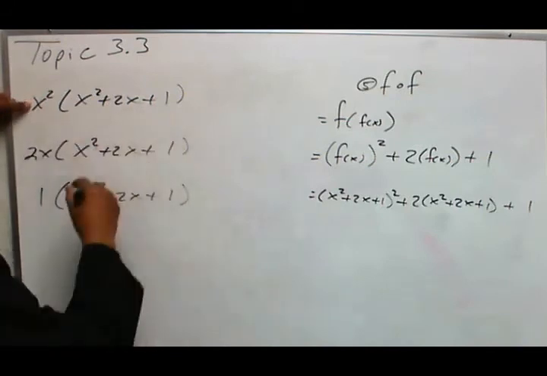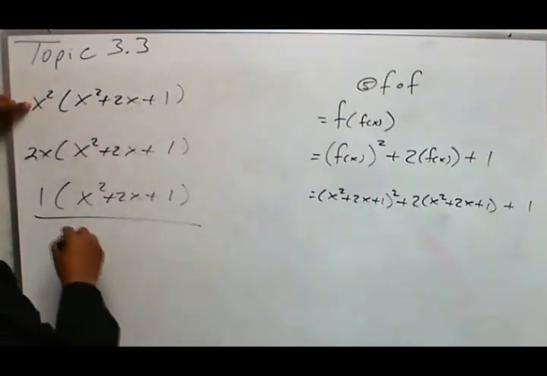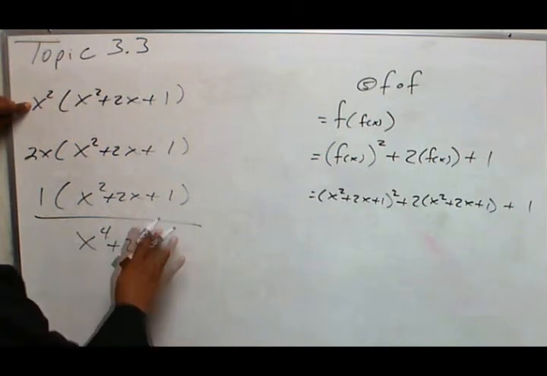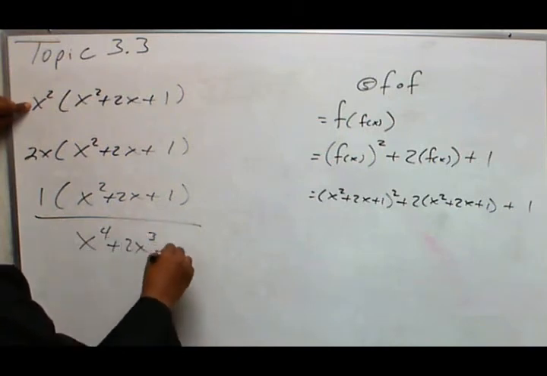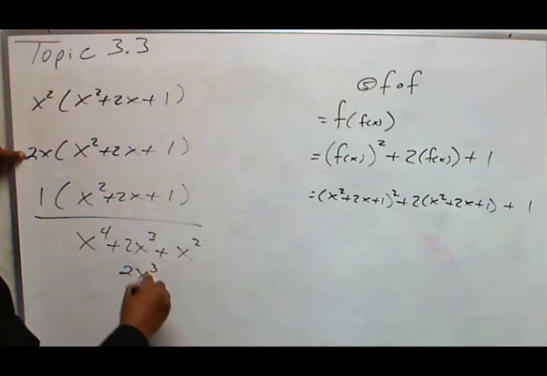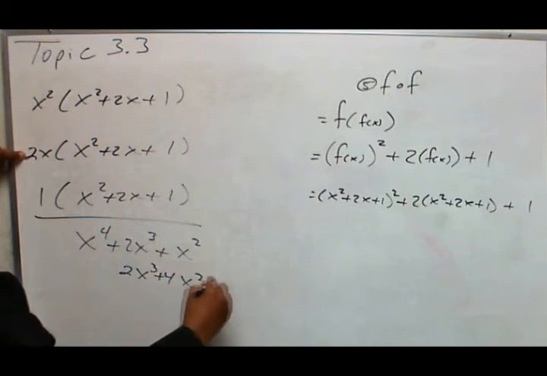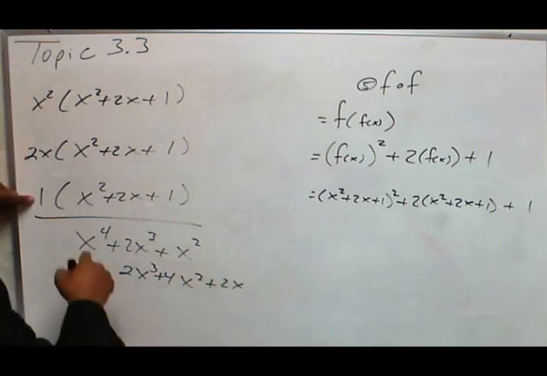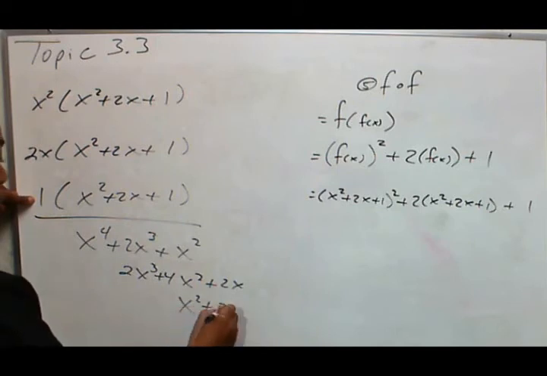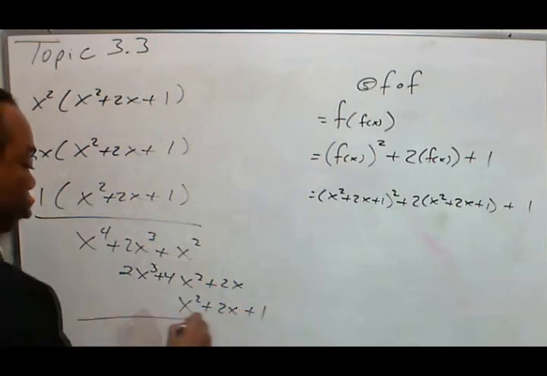So x squared times all of these would give me x to the 4th power plus 2x to the 3rd power plus x squared. 2x times all these terms will give me 2x to the 3rd power plus 4x squared plus 2x. And then 1 times each one of these terms would give me 1x squared plus 2x plus 1.